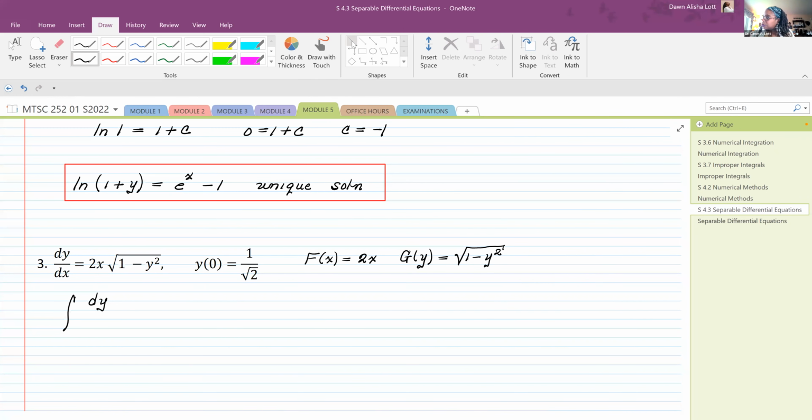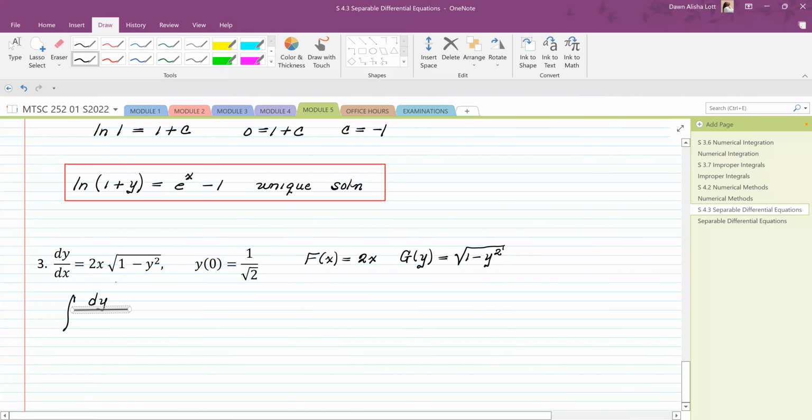So now that you have a little bit more information, do you think you can try it again? Yeah, so that would be the integral of dy over the square root of 1 minus y squared, which equals the integral of 2x dx.